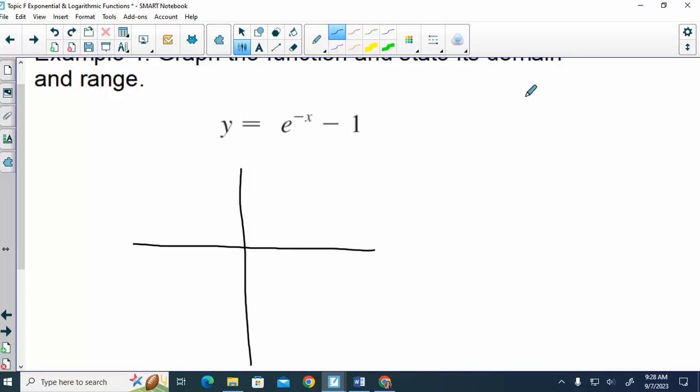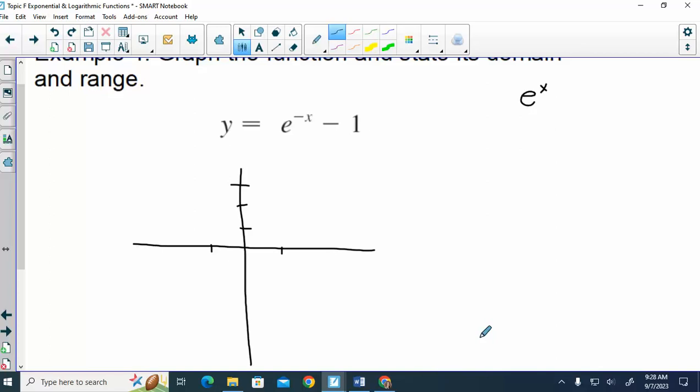If you wanted to graph it, we need to plug in -1, 0, and 1. E to the -1. You can use your calculator. You have an e above the natural log, so if you hit second, natural log, and the -1 power, what do we get?